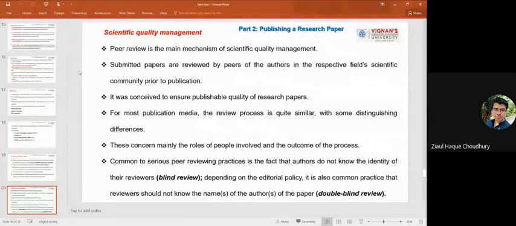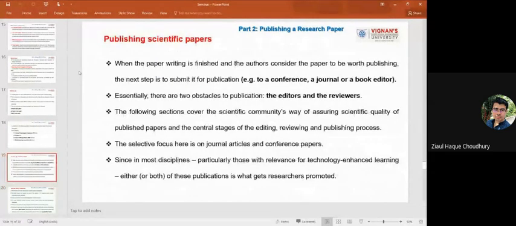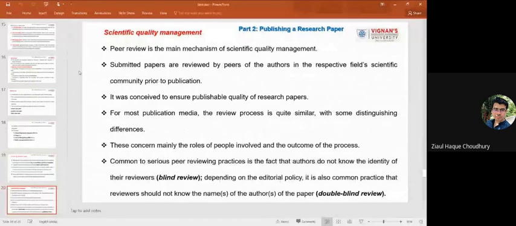Once we complete our research work, the scientific paper, and try to communicate it, it goes to scientific quality management, which is nothing but the editors, associate editors, and so on. When we communicate it, there is a process which depends on what kind of journal it is.